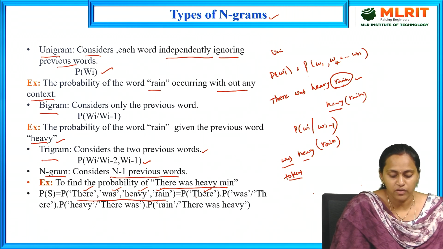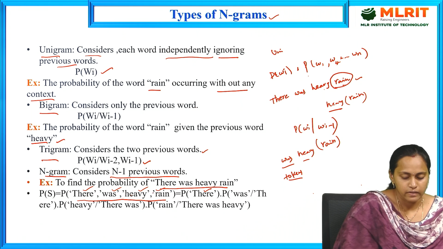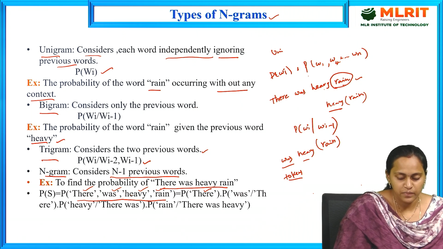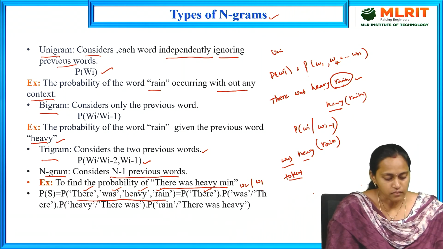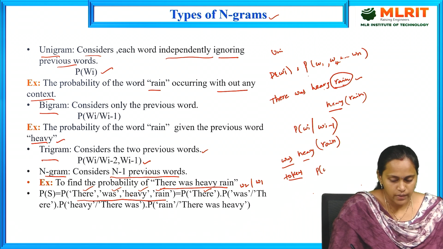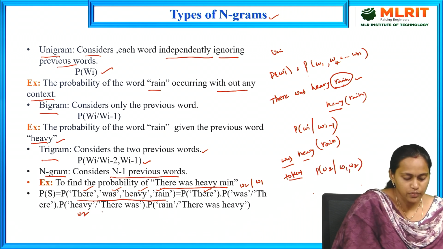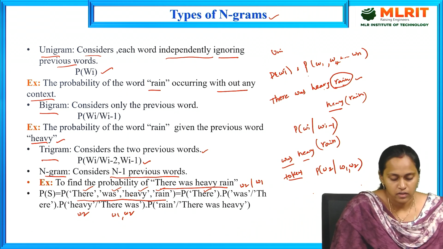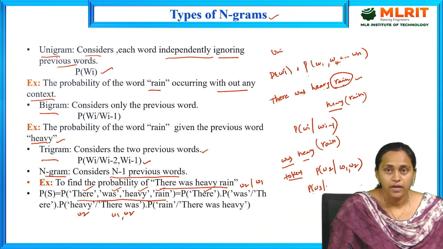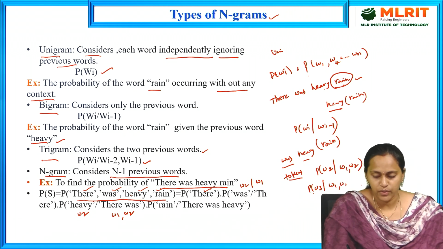That is the probability of the first word, there, into the probability of the second word W2 given W1, that is was given there, into the probability of W3 given W1, W2, that is heavy given there, was. In the same way, probability of rain given W1, W2, W3.